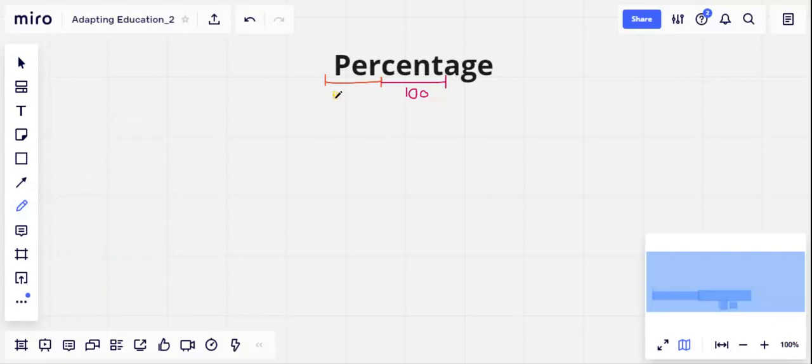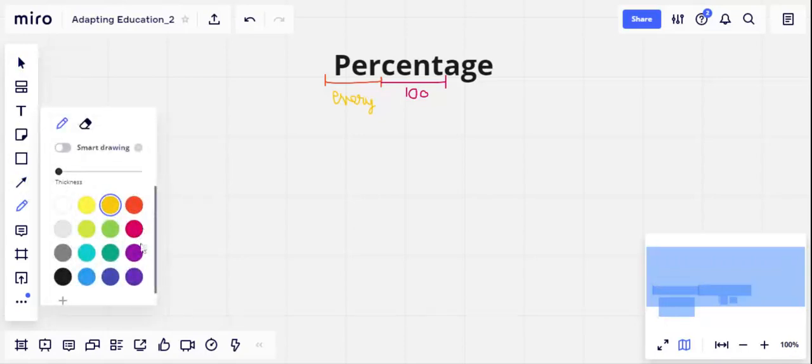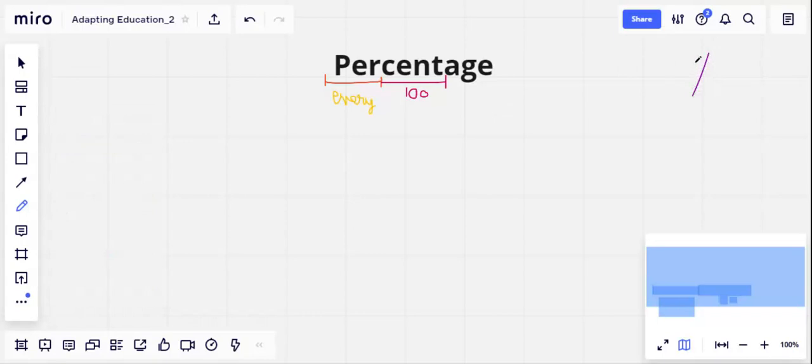So I'll just write every. By percentage we mean every hundred. We calculate percentage in every hundred, and the symbol through which we denote percentage is this. You can see it as something like an inverted or tilted division sign.